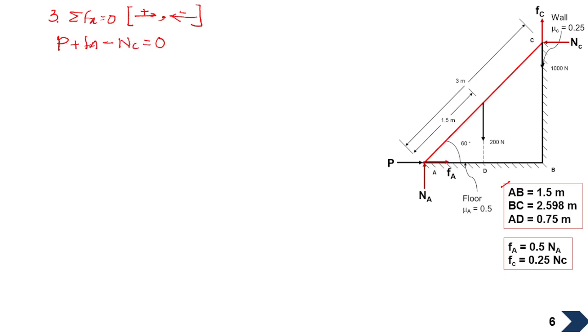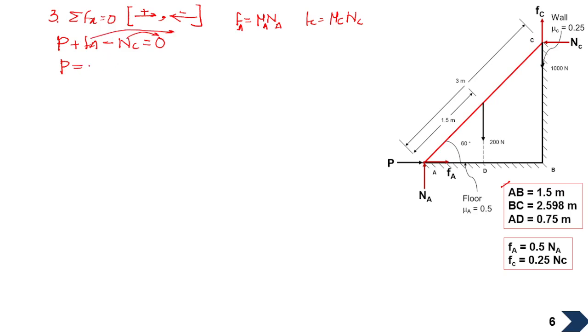Okay, now we know that frictional force is nothing but mu into normal force, means coefficient of friction into normal force. If suppose it is acting at A, this will become mu A into Na. Similarly for Fc it will be mu C into Nc. Okay, so this we already know. So with the help of this formula we can put this over here. So now P will be equals to, here we will take all the things to the opposite side of the equation.